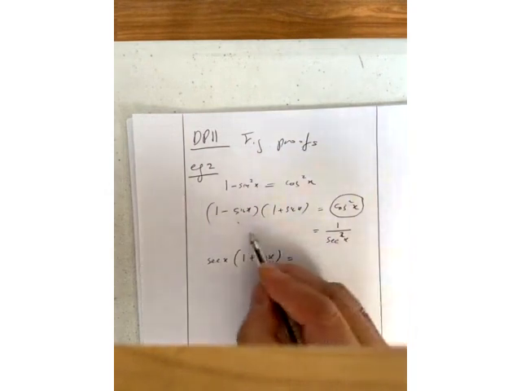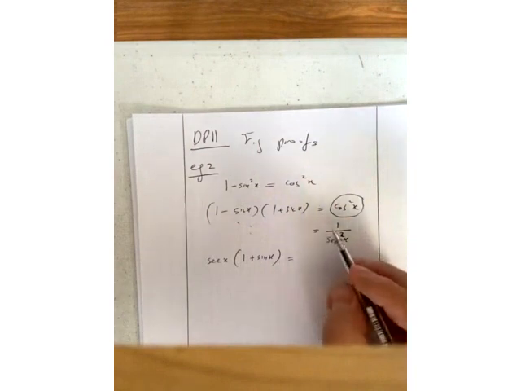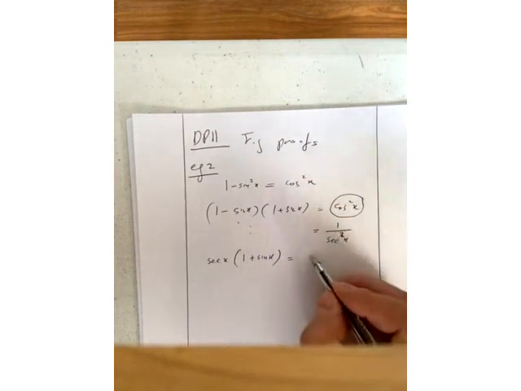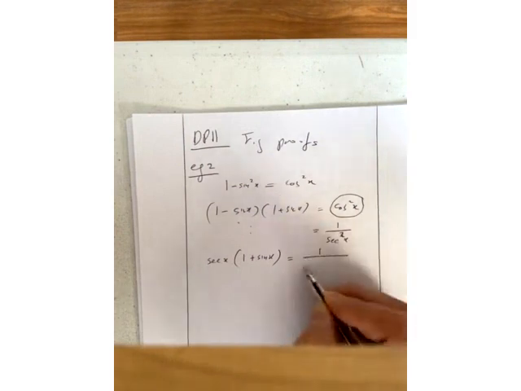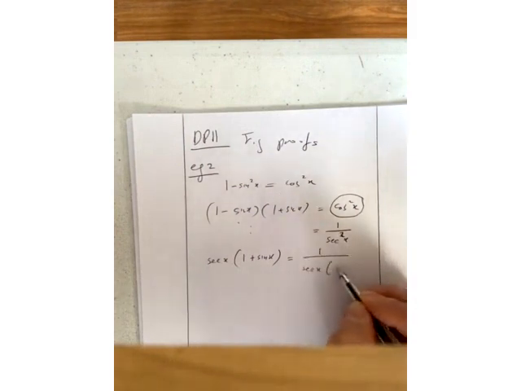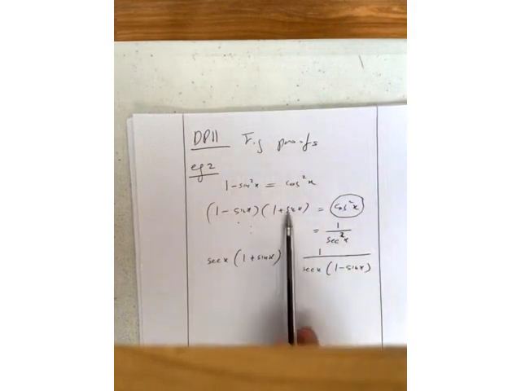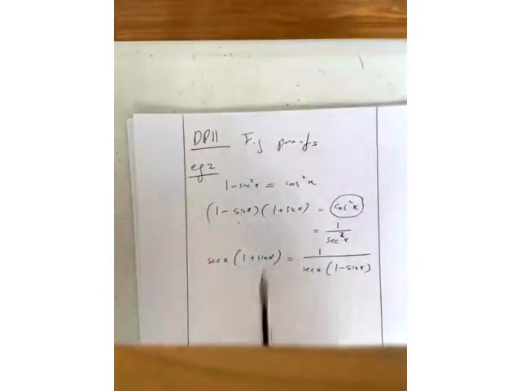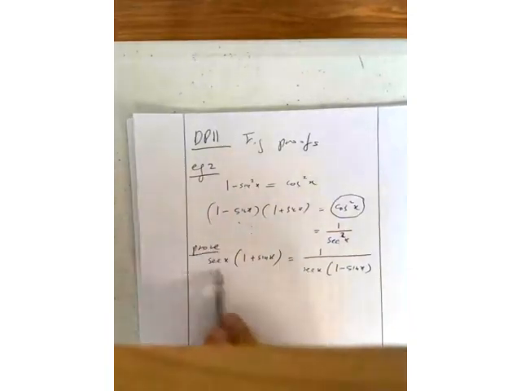So sec squared goes up there, and I'll keep 1 over this side, so I have 1 over sec x, and I'll take the minus over here. I'll take one sec over there, take this one down here, leave this one here and take one of the sec up there. So that's the question: prove that that is that.